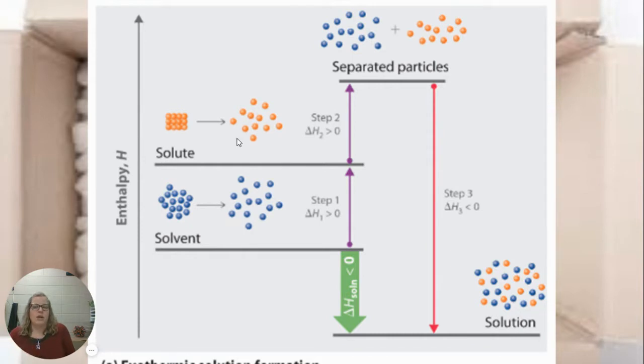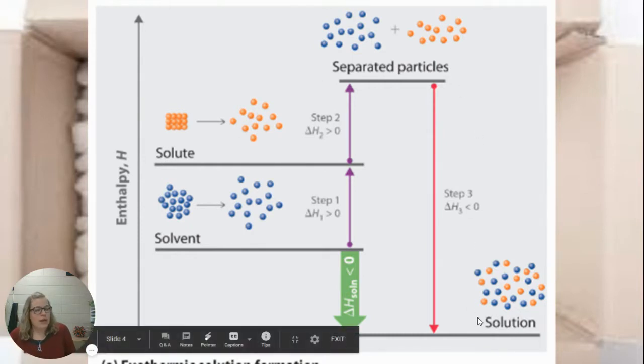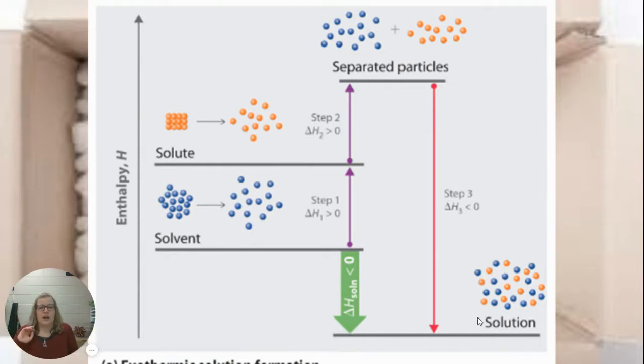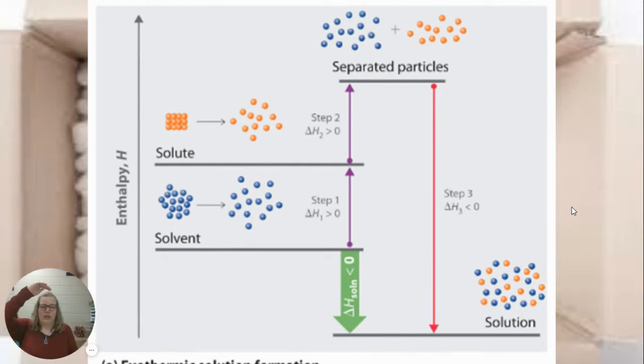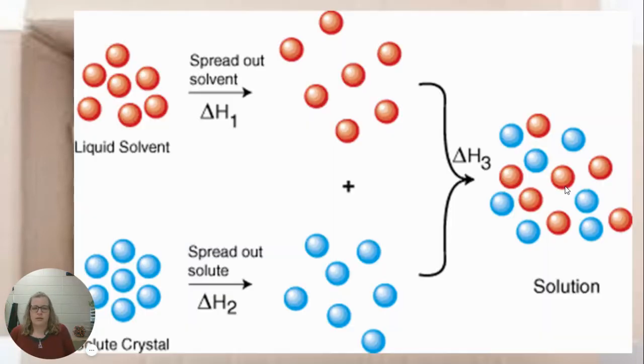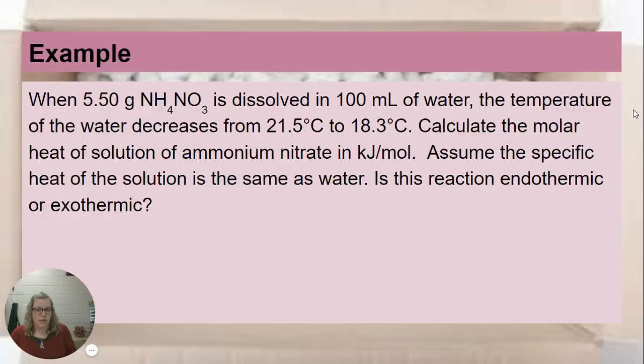And when you get more energy back out when you make that solution, it is an exothermic heat of solution. It's just like we talked about before: if it's more in than out, it's endothermic. And if you put less in and get more out, it is an exothermic process. So, two endothermic steps: expansion of the solvent and expansion of the solute, and then when they remix together, that is an exothermic step.